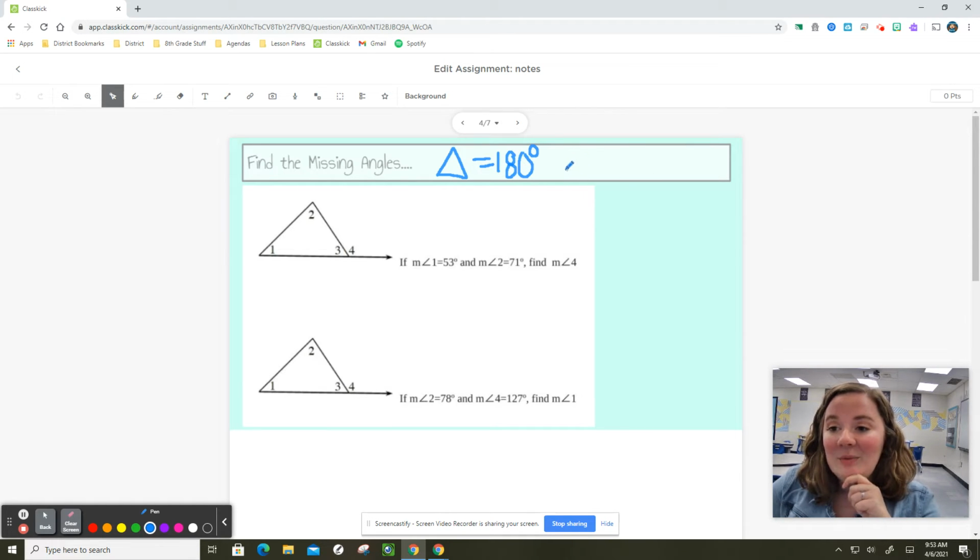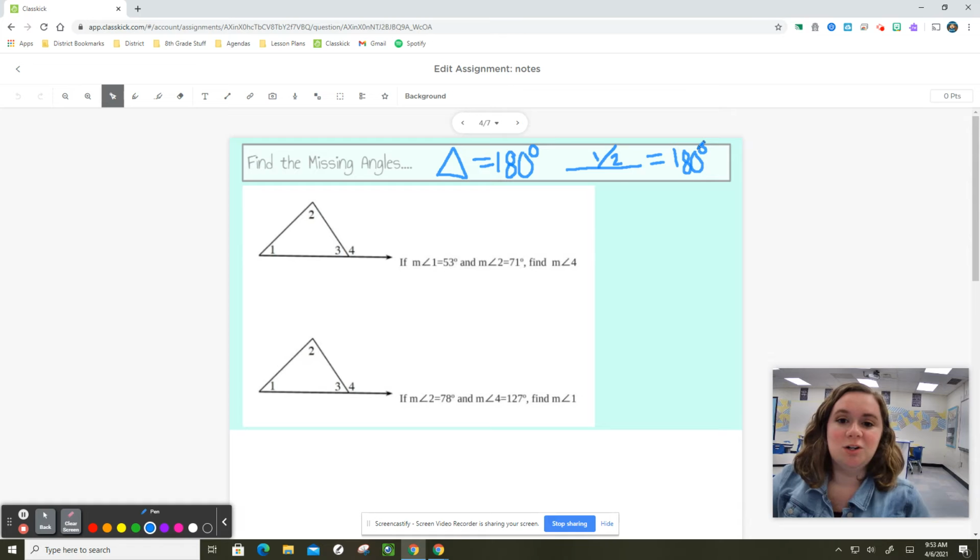Also, anytime we have two angles, 1 and 2, that form a straight line, that equals 180 as well, and those are called supplementary angles. That was in our vocab that we worked on earlier this week. So we can use these two concepts to solve these problems.